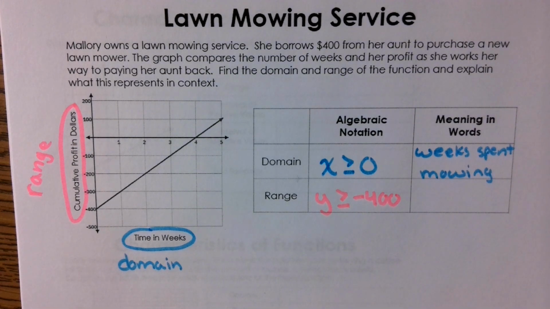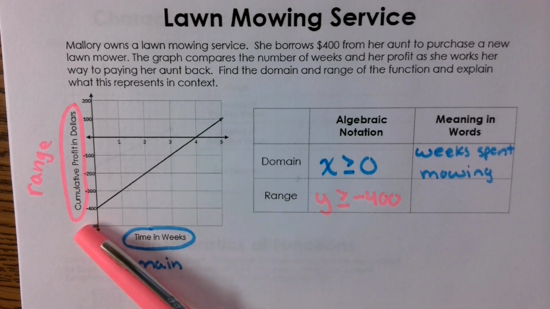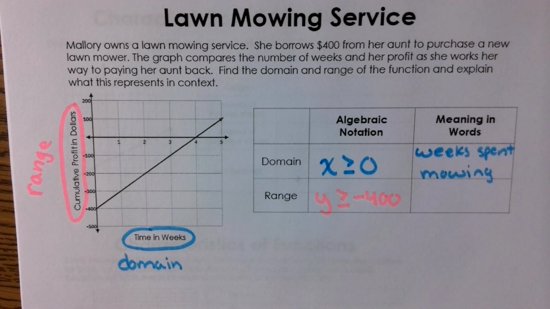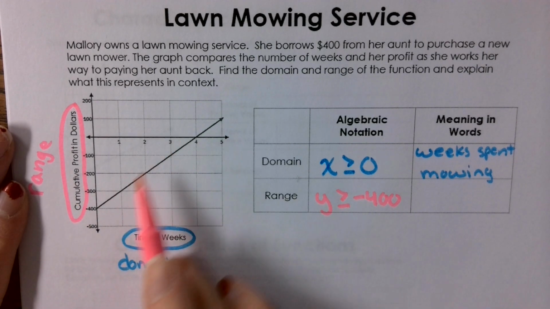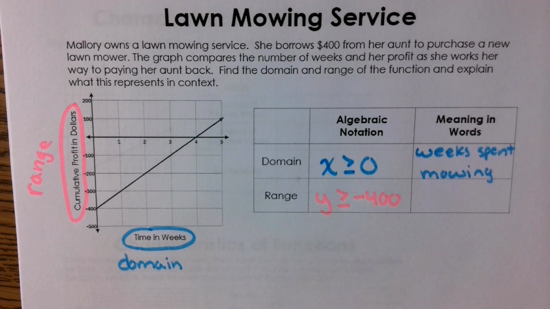From that point, we're constantly increasing our values here. And again, what it means in words, it's representing the profit, the money that she's profiting from mowing. Okay, so to start off with, she's not profiting until she gets to 4 weeks. After 4 weeks, then she starts making a positive profit. But before that point, she's actually just paying back money.